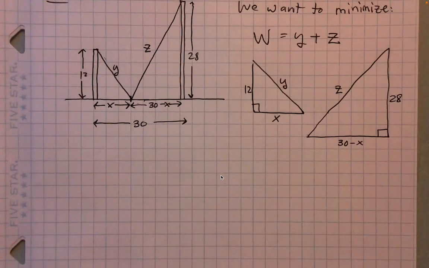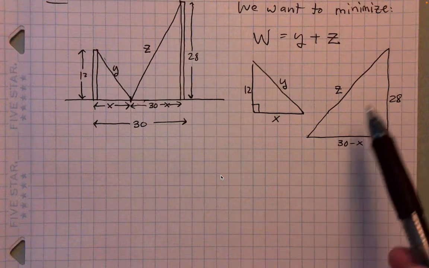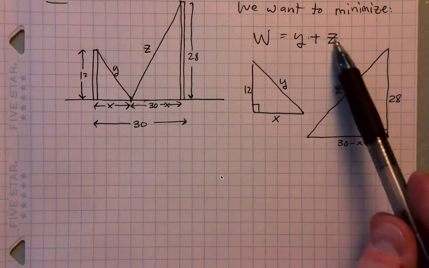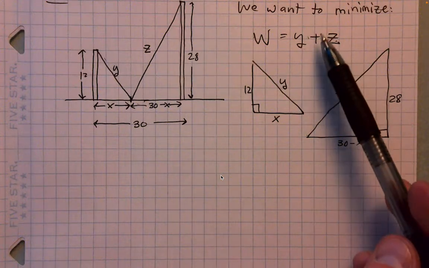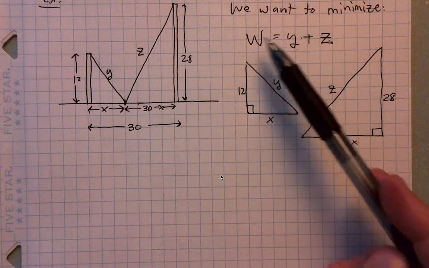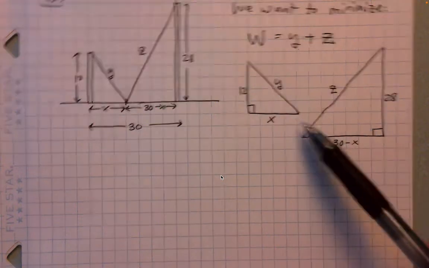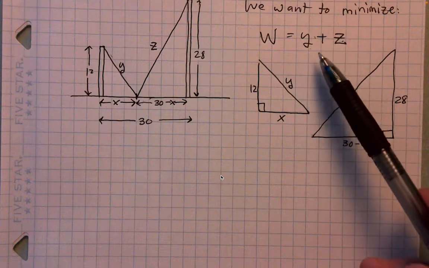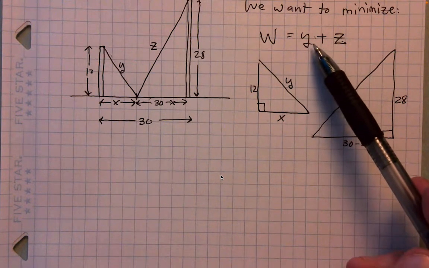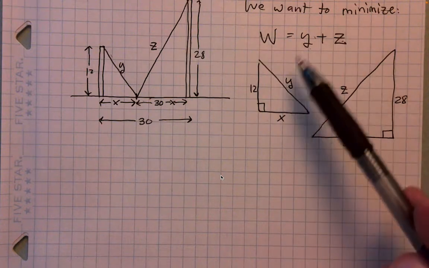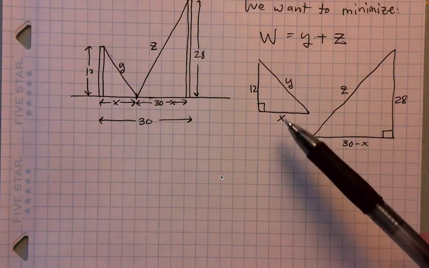The problem is that we can't do anything with W equals Y plus Z. If W is expressed in terms of X, we could differentiate it and minimize it, but right now we haven't. That's the big challenge: we have to recast this expression in terms of x only.